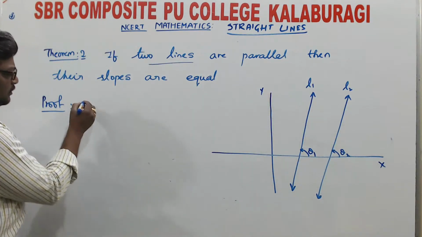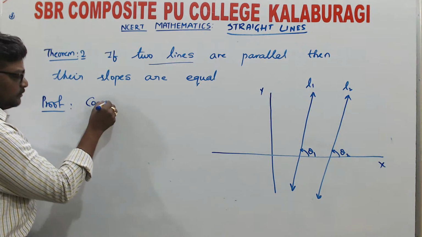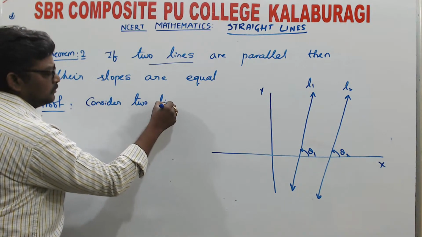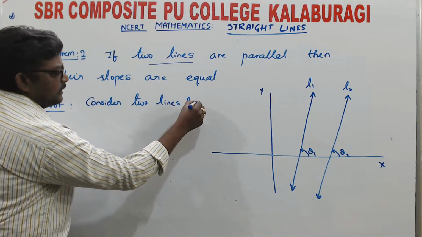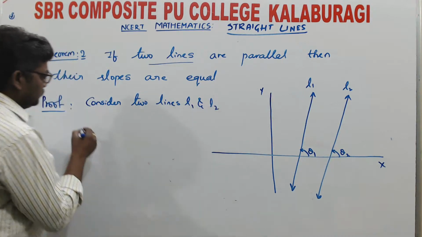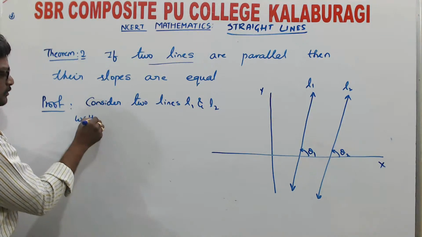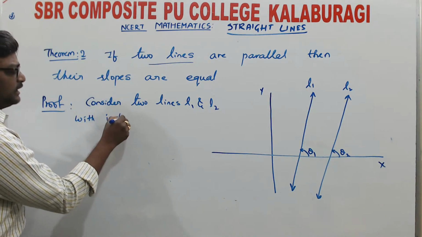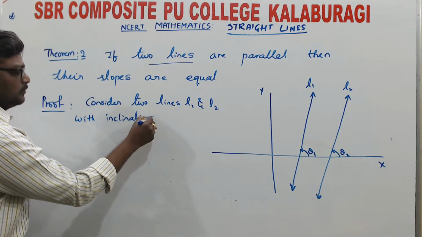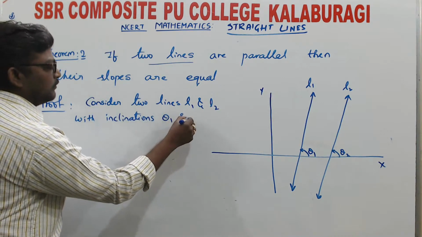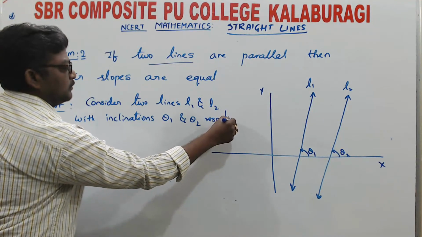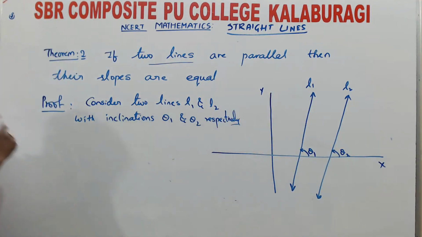Proof: consider two lines L1 and L2 with inclinations theta 1 and theta 2 respectively.